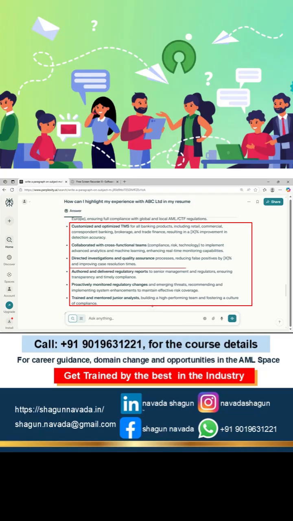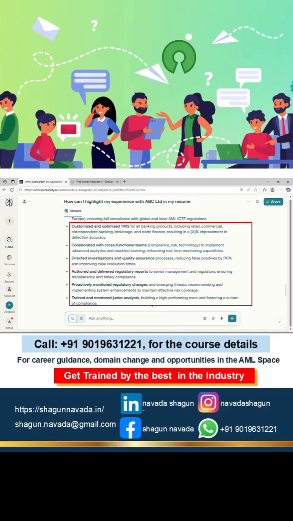Out of these 4, 5 or 6 bullet points, the only sentence suitable for a subject matter expert is the last one, which says trained and mentored junior analysts, building a high performance team and fostering a culture of compliance. The rest of the bullet points are not at all suitable to a subject matter expert. They are more suitable to a process optimization team, or a person who's a deputy MLRO, MLRO, or someone from the regulatory compliance team.